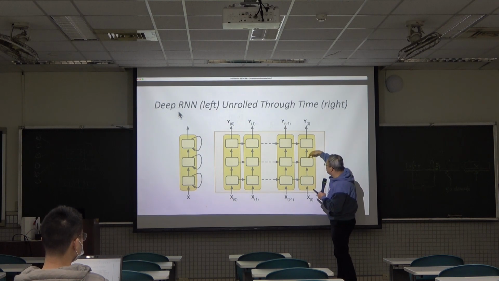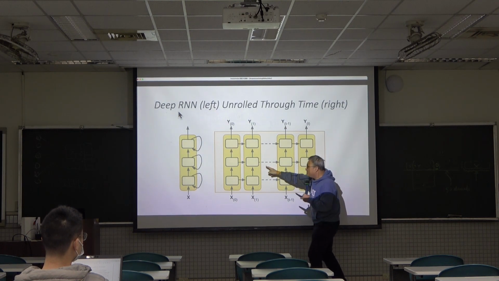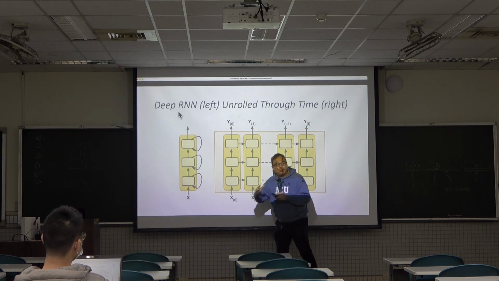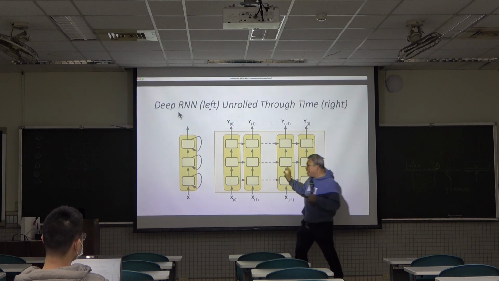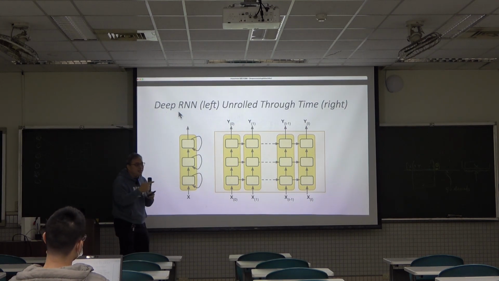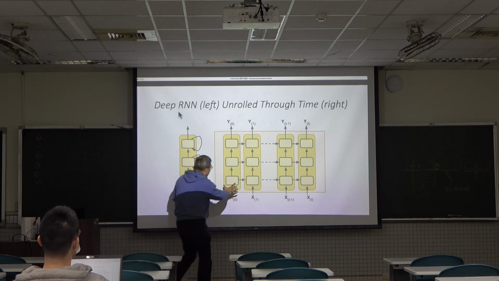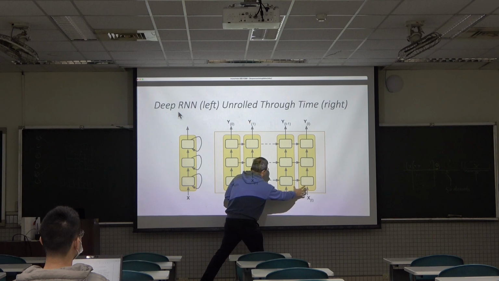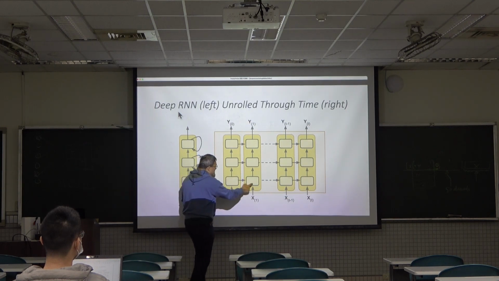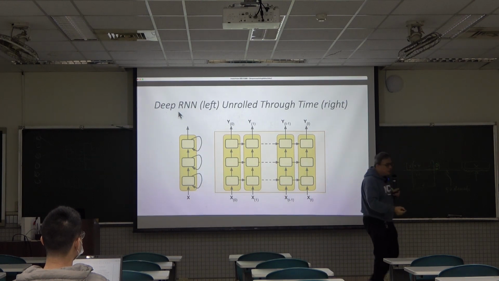So when you are calculating the gradient for this, this and this actually share the same weight, because they are the same thing. Even though we unrolled through time, they represent the same stuff, so they use the same weight, during one iteration.